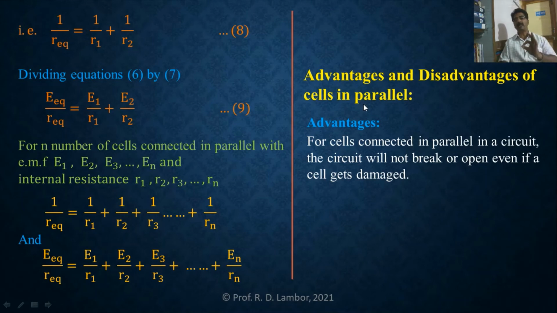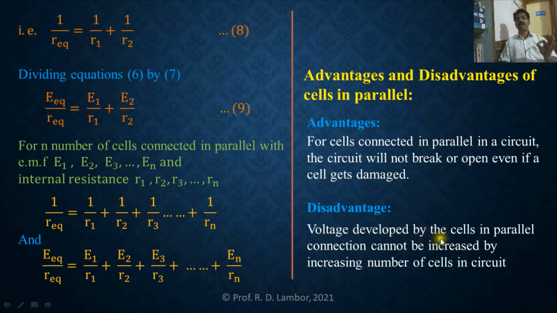Now, the disadvantage of connecting the cells in parallel is that we cannot increase the voltage rating of that battery by increasing the number of cells.